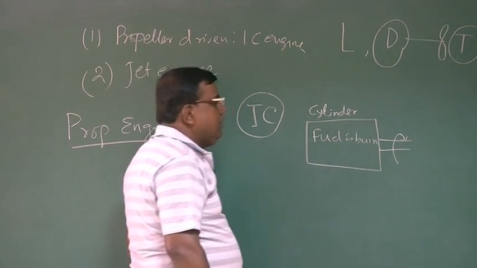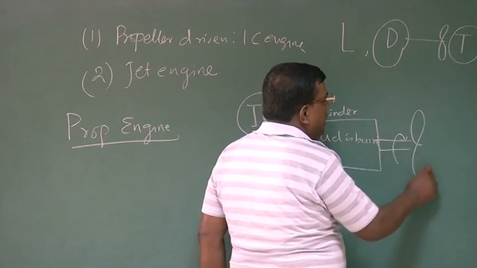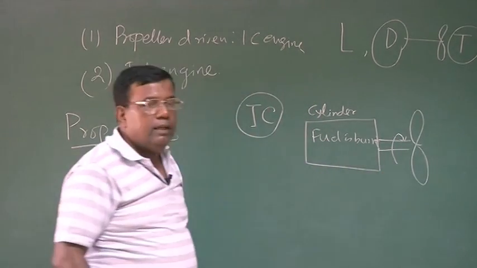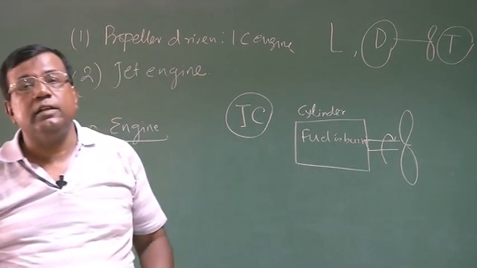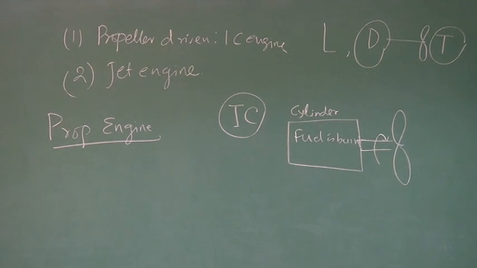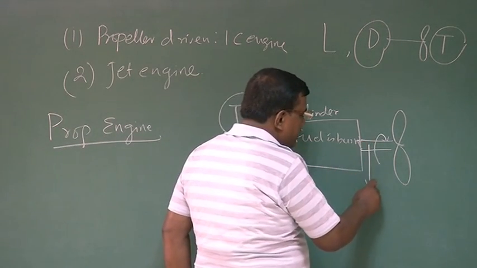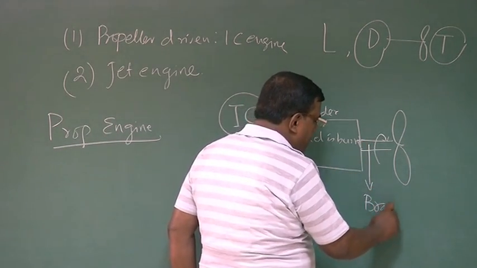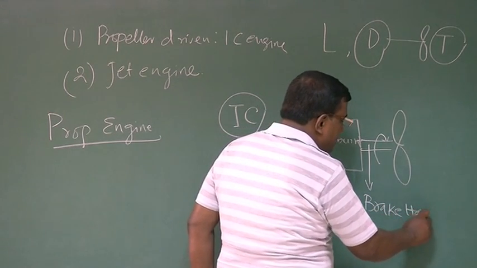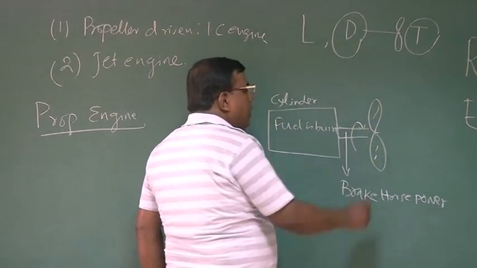Power is transferred to the shaft, and then there is a propeller which rotates, which generates the thrust or the power, because we have understood that for a propeller driven IC engine combination, these engines are rated in terms of power. So the fuel is burned and power is available at the brake. This is the brake or the shaft, so we call it brake horsepower available. Then we attach a propeller.